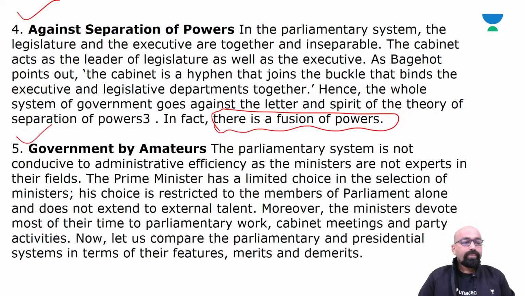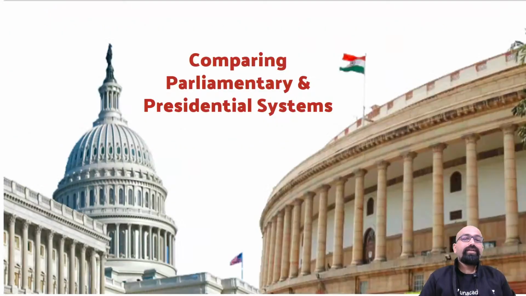Now, after that, as we have studied features and then merits and demerits of parliamentary and presidential system of government, now we'll compare this parliamentary and presidential system through a chart. Now we'll see the comparison between parliamentary and presidential system.